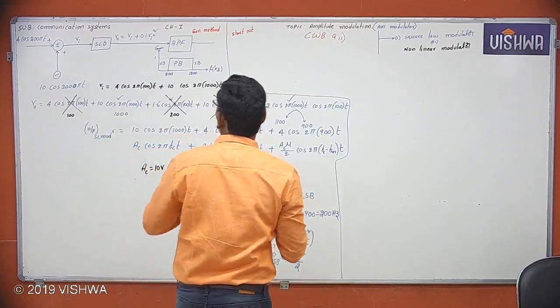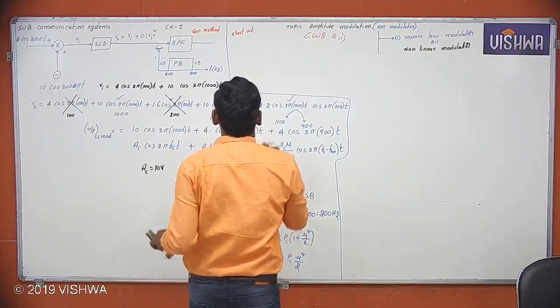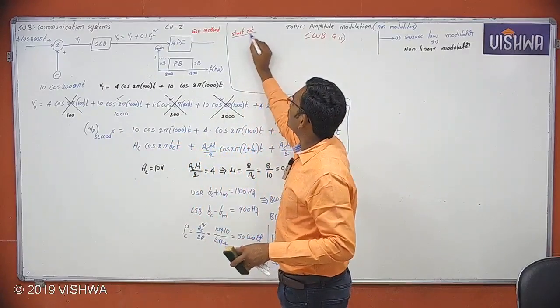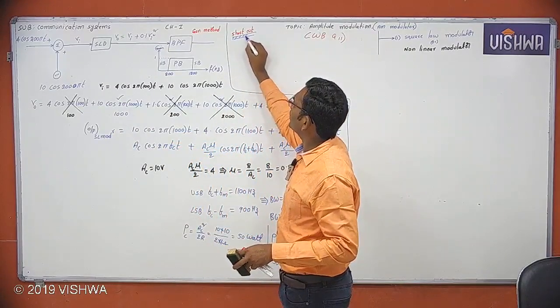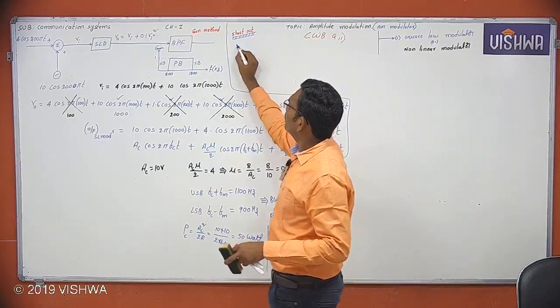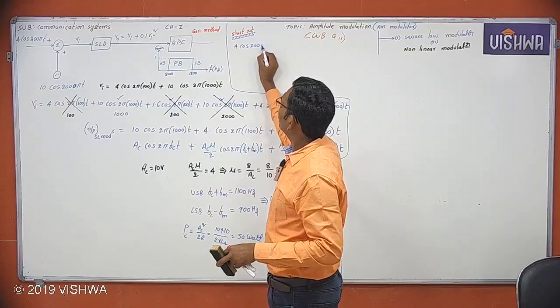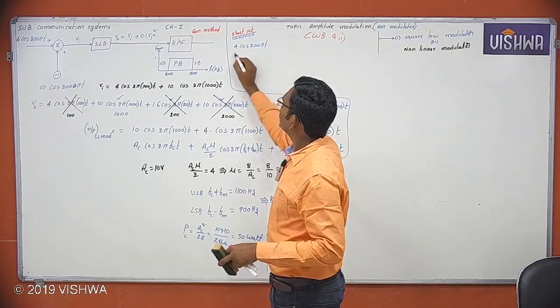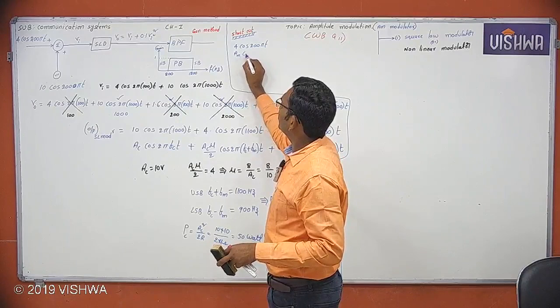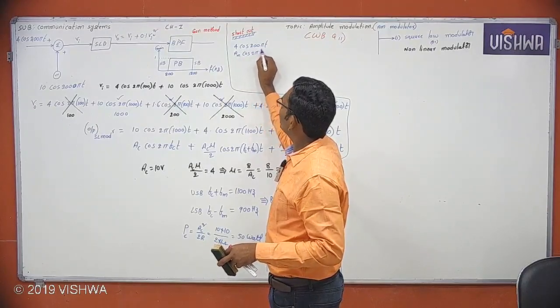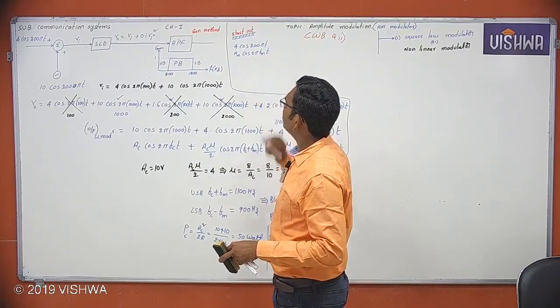So what is given to you? Now see here. Now I am explaining the shortcut method. Just concentrate carefully on all the answers. This is 4 cos 200 pi t, which is nothing but Am cos 2 pi fm t.